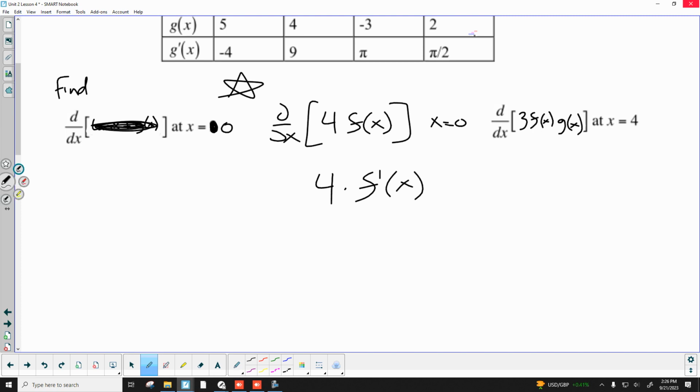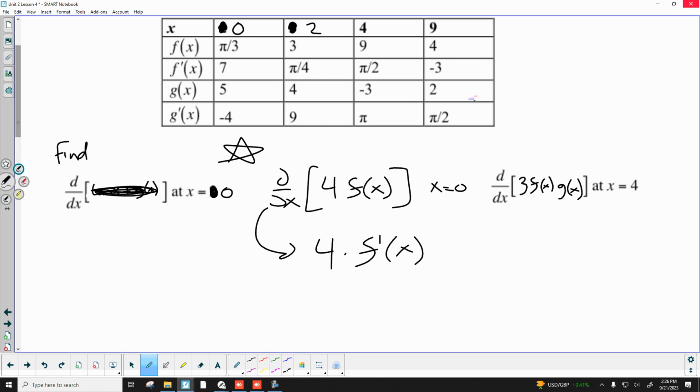So thankfully it's here. This is the derivative of 4f of x, 4f prime of x. You then plug in 0, and you have 4 times f prime of 0. Oh, f prime of 0 is 7. 4 times 7 is my answer.